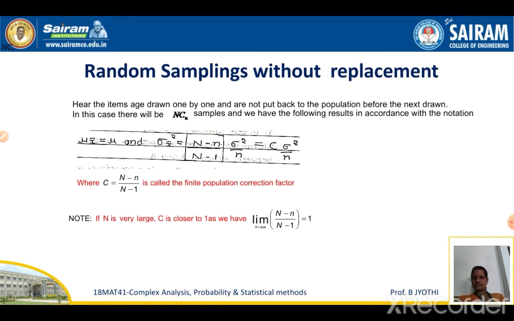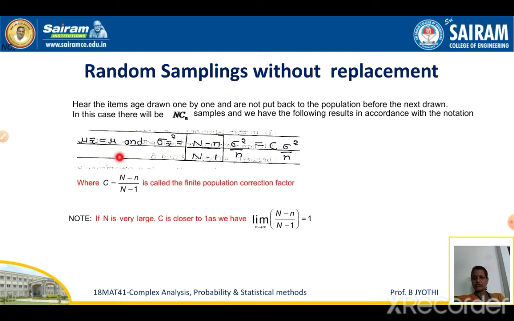Next comes random sampling without replacement. Here, the items are drawn one by one and are not put back into the population before the next draw. In this case, there will be N C n samples, and we have the following results in accordance with the notation.